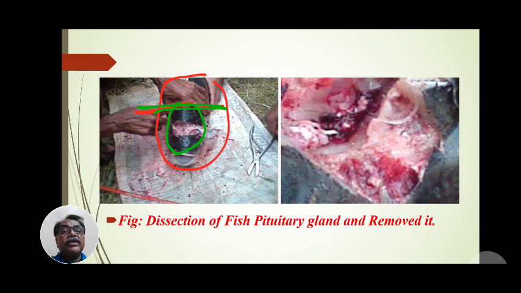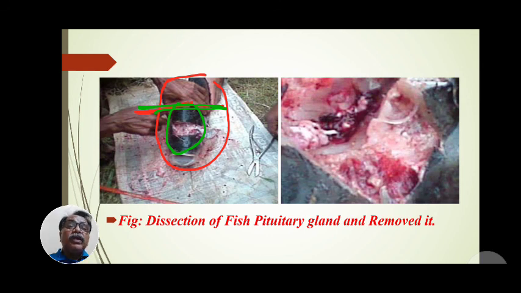Such a master gland we dissect out and remove from the brain of the fish. Then this pituitary gland is kept for the future in a preservative. Which are the suitable preservatives? That may be alcohol, acetone, or glycerin.